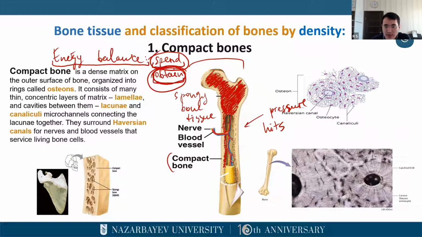And of course, the production of this spongy bone is also a part of this energy balance. So the lighter our bones are, the less muscles we need to lift these bones, but also we need them to be very rigid and stiff.